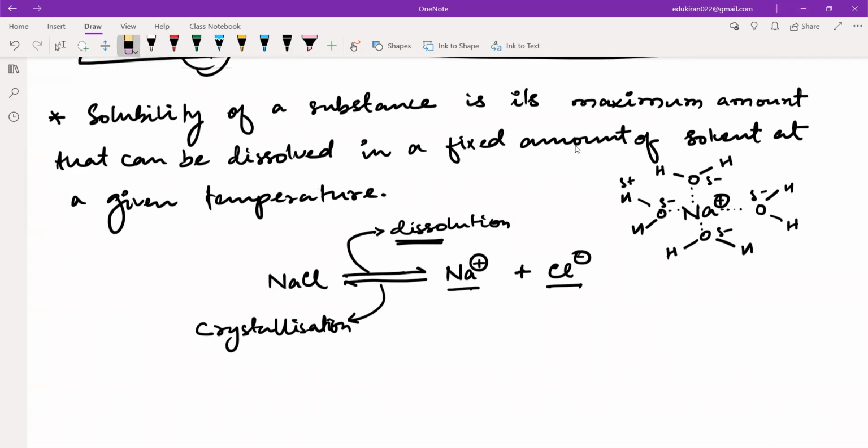You will also see crystallization if the solution has too much NaCl, and you are not dissolving anymore. That means there is always constant crystallization happening with each step of dissolution. So please write this down, and then we can write a few things about dissolution and crystallization.